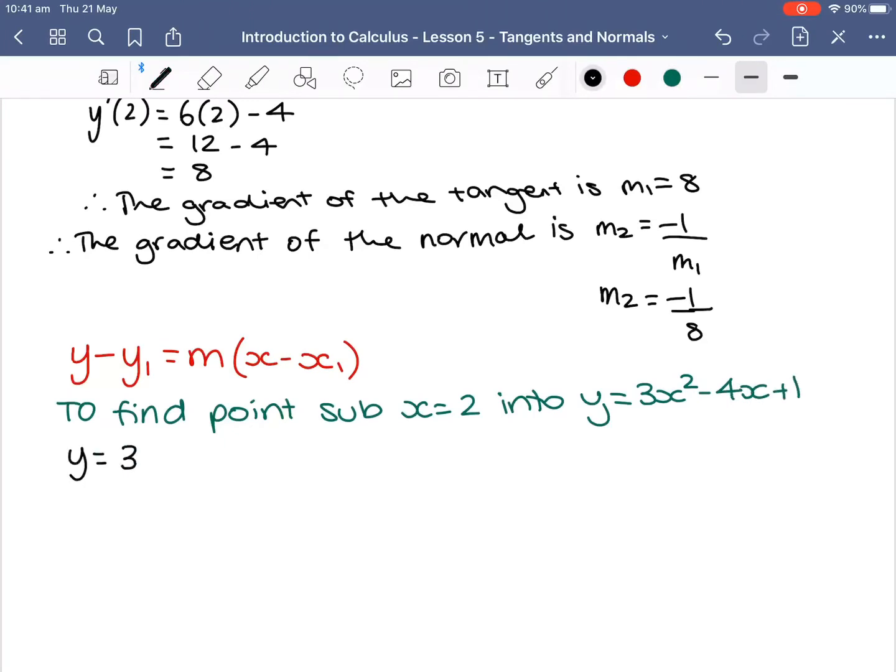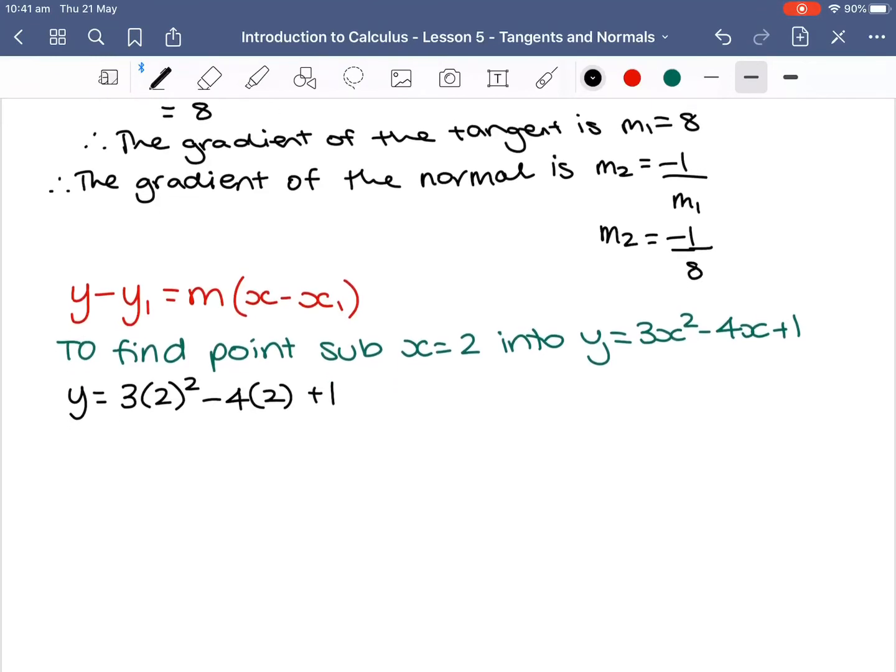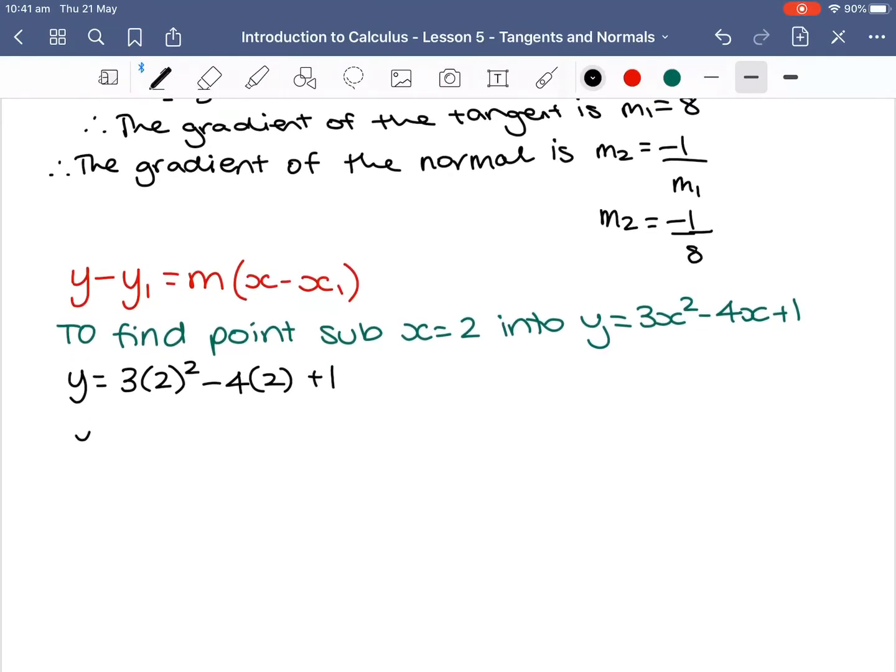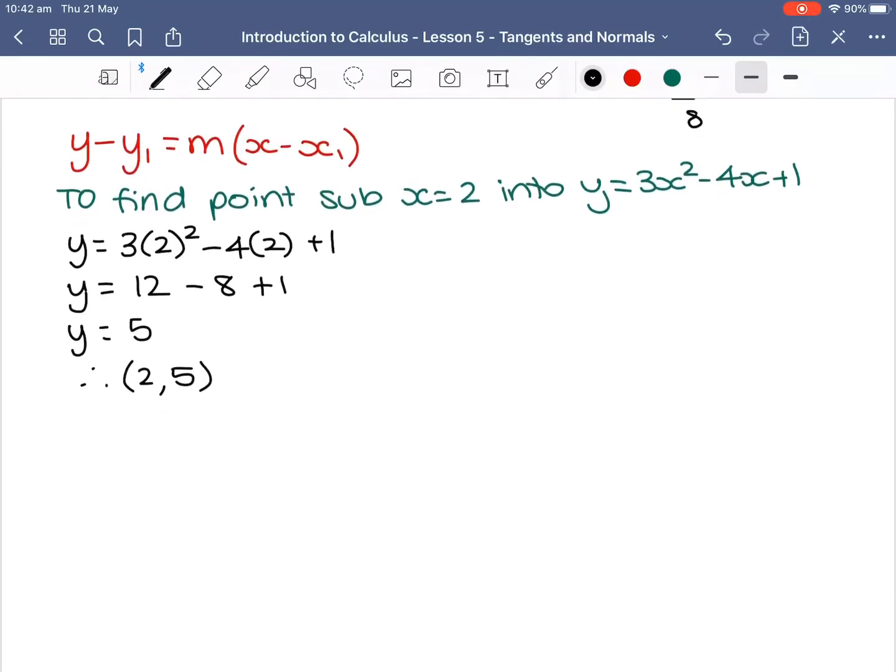So y equals 3 times 2 squared minus 4 times 2 plus 1. 2 squared is 4, so 3 times 4 is 12, minus 4 times 2 is 8, plus 1. So our y value equals 5. Therefore, we have the point (2, 5).